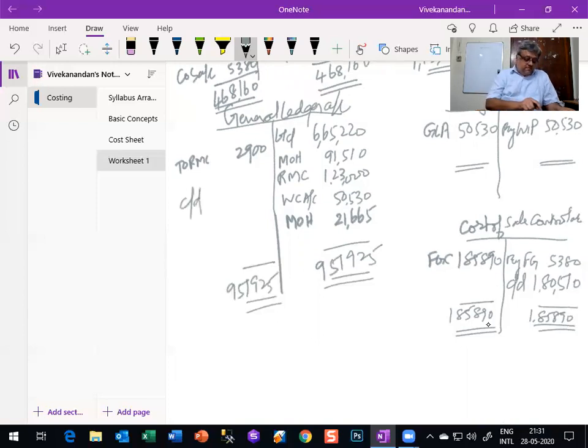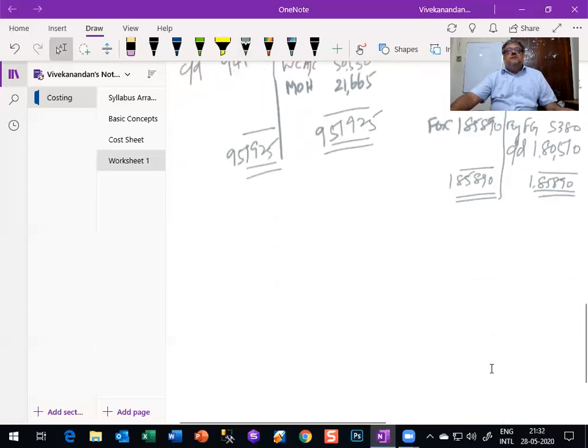Carry down minus 2,900, 949,025. So we have finished the ledger.